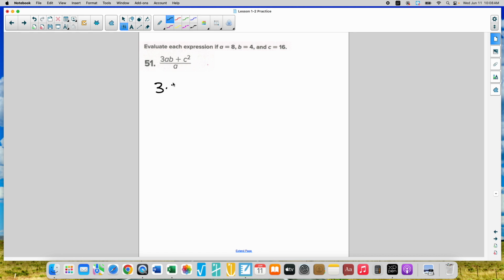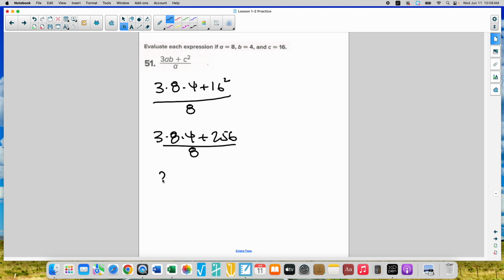3 times A times B plus 16 squared. They like the 16 squared over 8. Okay, let's do 16 squared. 3 times 8 times 4 plus, what did we say, 256 over 8.